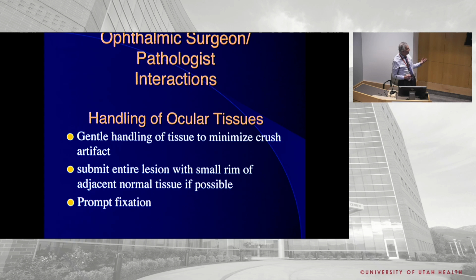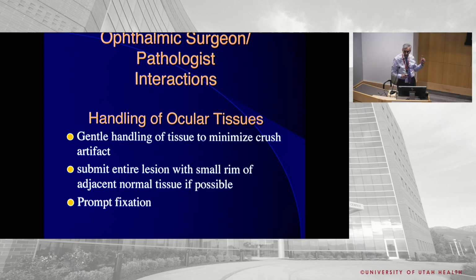Now, when you handle the tissue, you've got to be really gentle. It's really hard because when you first start, you feel you have to grab that thing and really grab it, and you can cause what's called crush artifact, which will actually damage the tissue. So you want to be very gentle with it. If you're suspecting a tumor, go ahead and get a rim of apparent normal tissue around the tumor and send it to us so we can make sure it's normal around there.